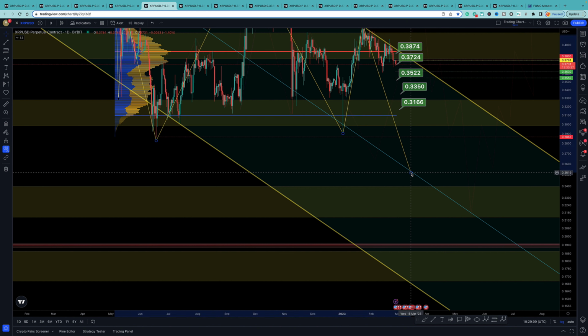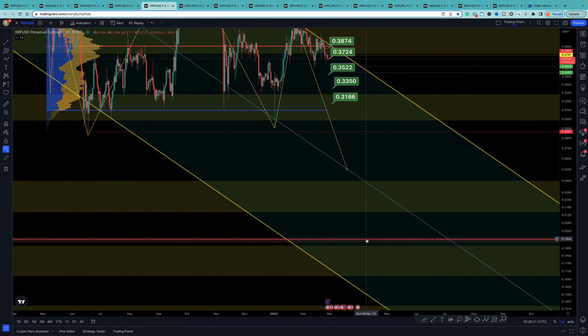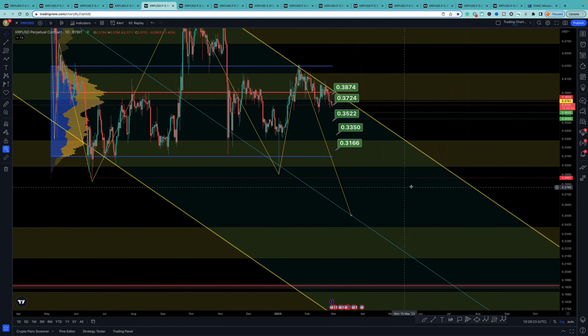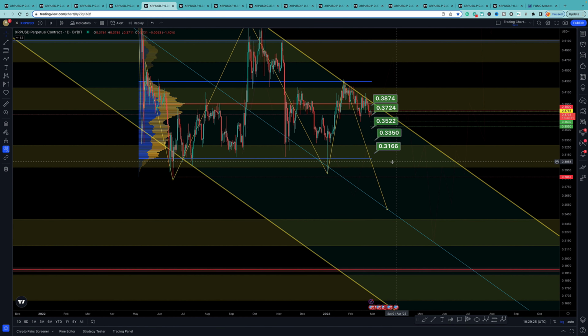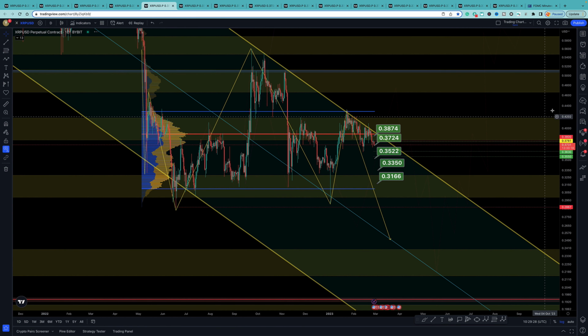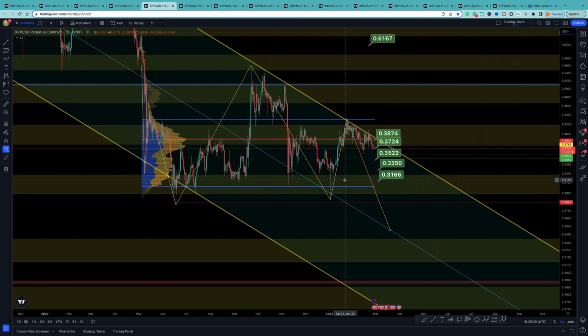If that was the case, that would be taking us down to around 24, 25, possibly a back test up to 30, and possibly another drop down to the support level here, our point of control. But again, I don't want to get too far ahead. You can see what I'm looking at on the daily is whether we're going to do a lower low here, or that was it.